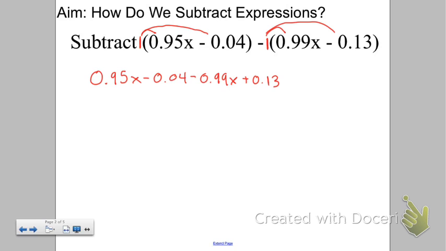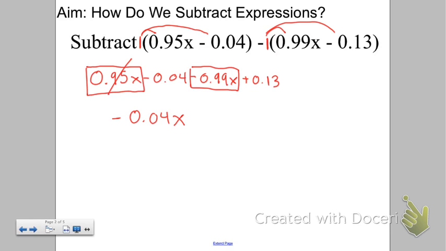Now that I got rid of my parentheses, I'm just going to look for and combine like terms. I have 0.95x and negative 0.99x. So when I combine those, 0.95 minus 0.99 is equal to negative 0.04x.